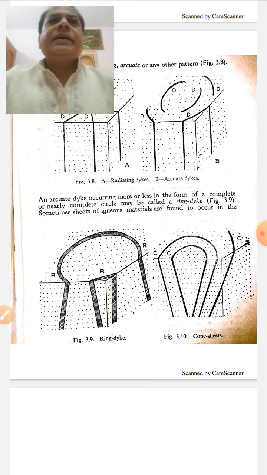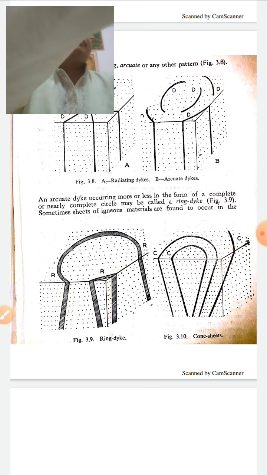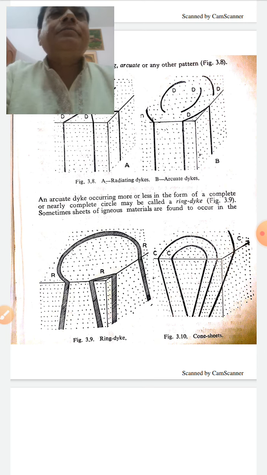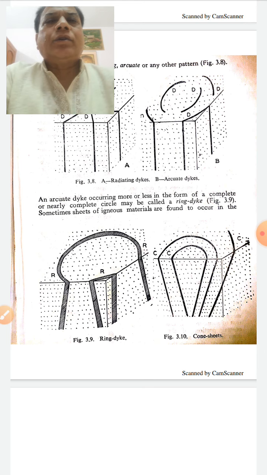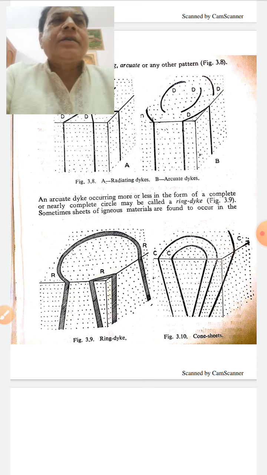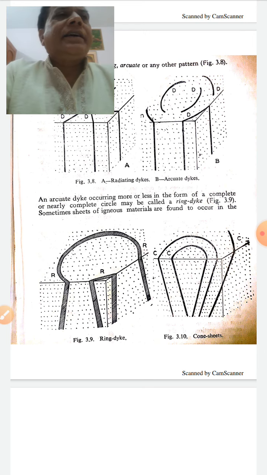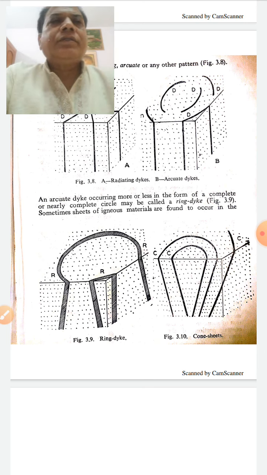Concordant are those which are found parallel to the bedding of the country rocks, or to the structures present in the rocks. The names I told you are sill, laccolith and lopolith. In the folded region, the concordant form is the phacolith, found in the crests and troughs of the folds.